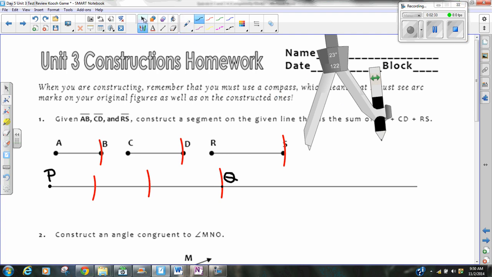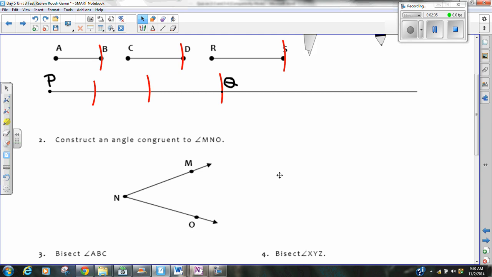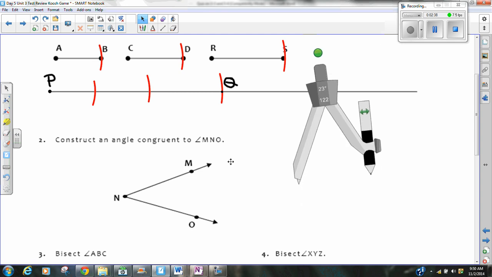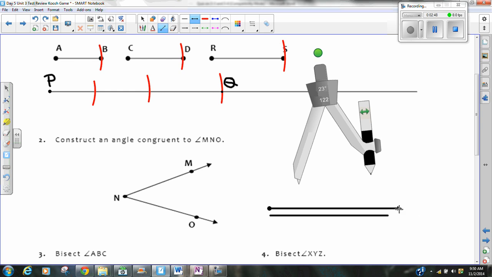Now if we want to go down and do the angle congruent to an angle, first thing you have to do is draw a ray. Actually, I think I like this one better because I'd like to have an endpoint. I'm going to get rid of this one.